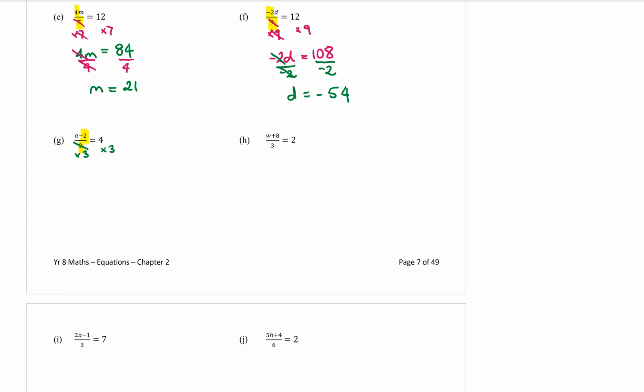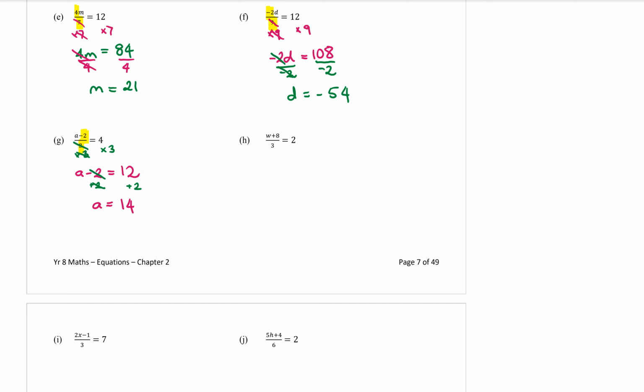Cancel those away. So that leaves me with a minus 2 on the top there, and 4 times 3 is 12. Next, to get rid of the minus 2, I'll have to add 2, doing the opposite to cancel those ones away. A is by itself. 12 plus 2 makes 14.